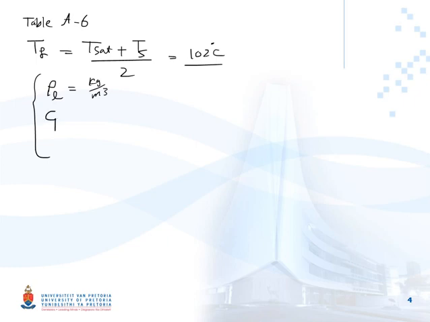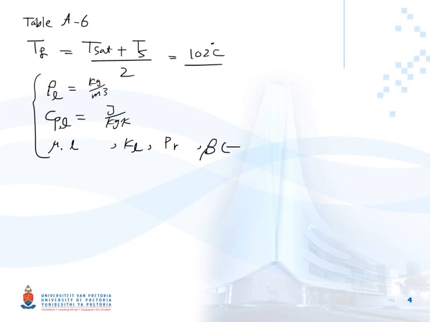We need to find c_pL, which is in joule per kilogram Kelvin, mu L, and k L, to find Prandtl, and beta.